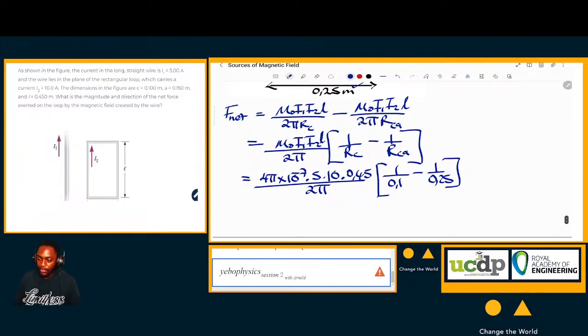Then you can punch that in. You can punch along to see if what I'm writing is consistent with what you're getting.